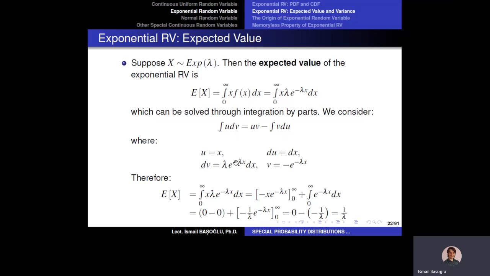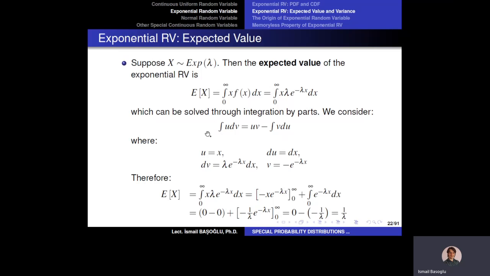So then, once you define your u and dv parts, you first compute v by taking the integral of this part, and it is going to be minus e to the power minus lambda x, obviously, and du will simply be dx.